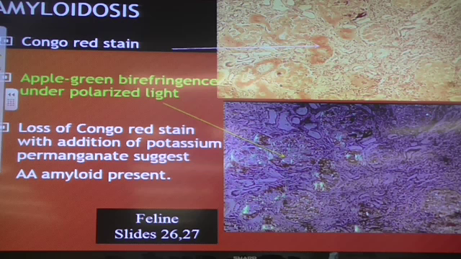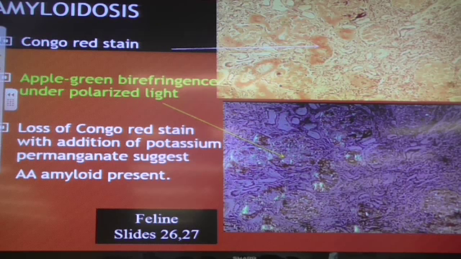If we add potassium permanganate and we lose the Congo red stain, we know that the amyloid present is AA. If we add potassium permanganate and it keeps the birefringence, then we know it's the AL version. So we're just helping to further differentiate what types of amyloid we have present.